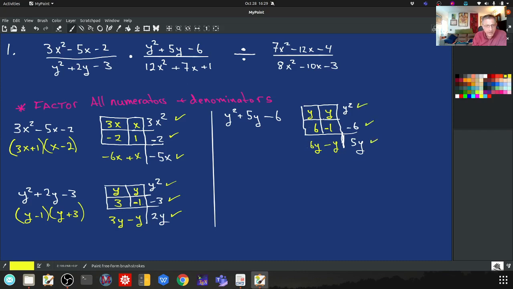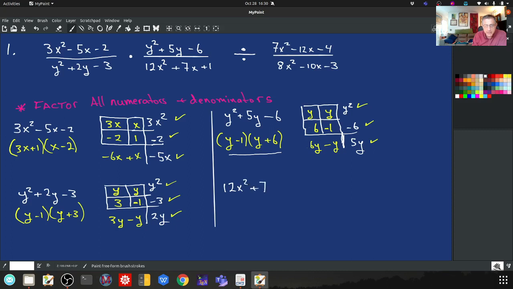So I have my factorization. Y minus 1, y plus 6. Remember to go kitty corner. It's a shame if you forget and do all of this work correctly, but in the end write down the factorization wrong.